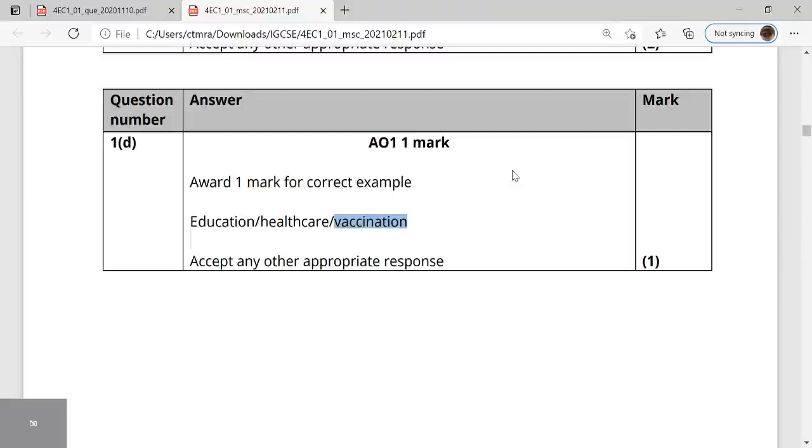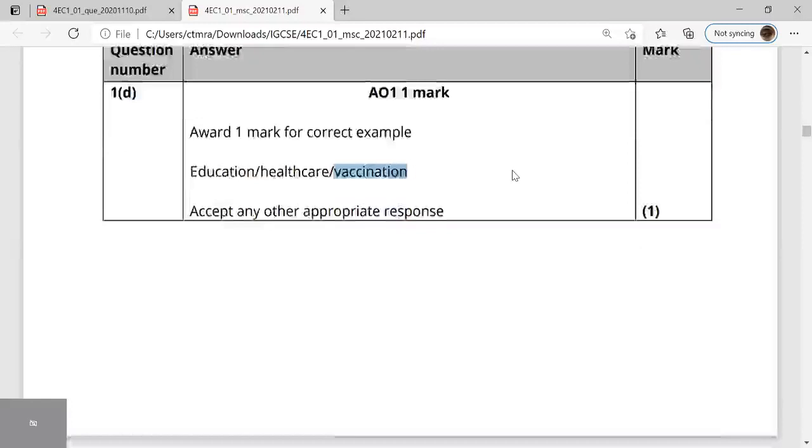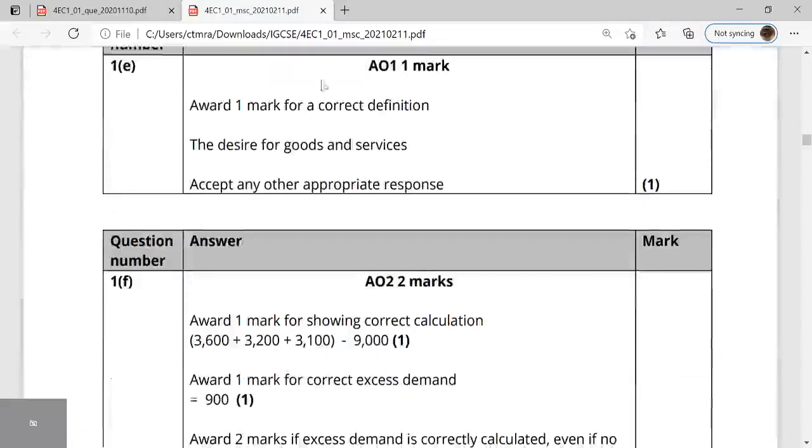Because the people surrounding him will be much safer because that person is vaccinated. There is less chance that people will get affected by that person. So again, vaccination is an external benefit. Let's move to the next one.